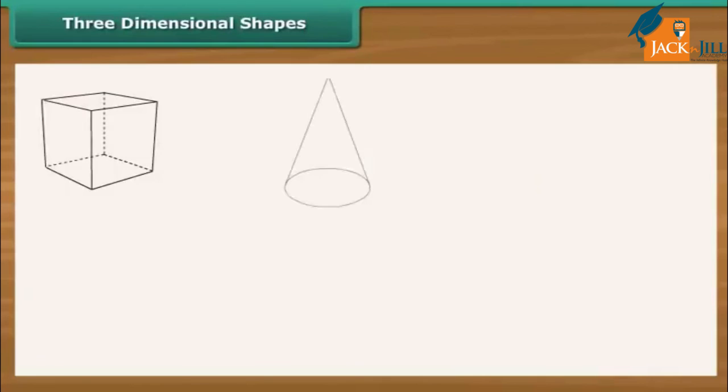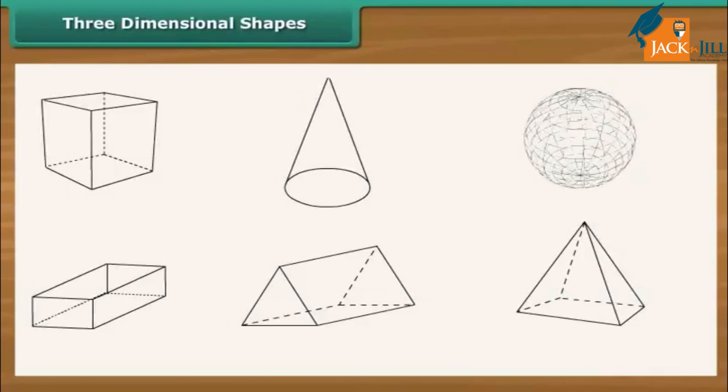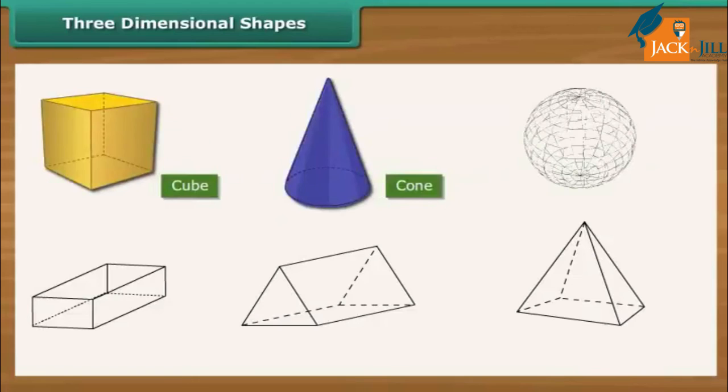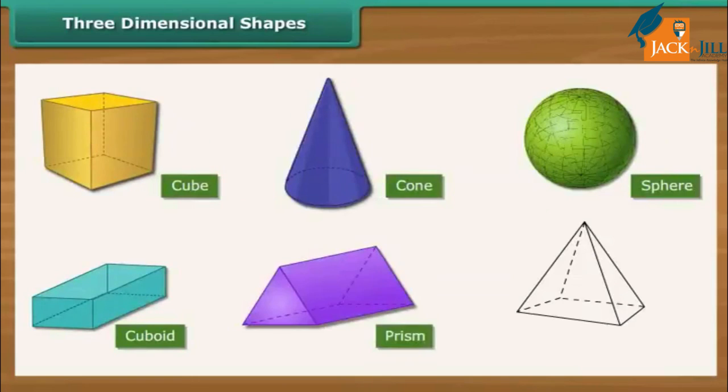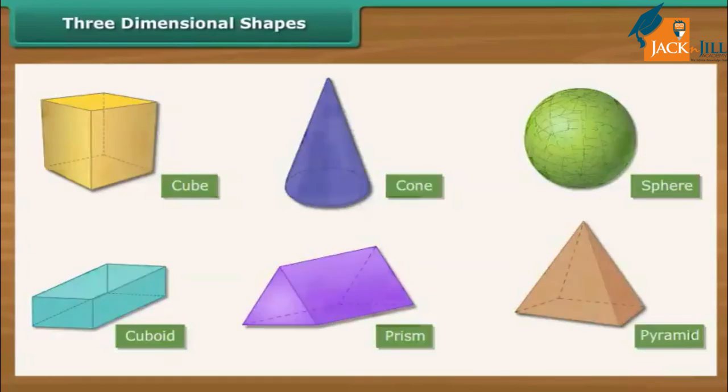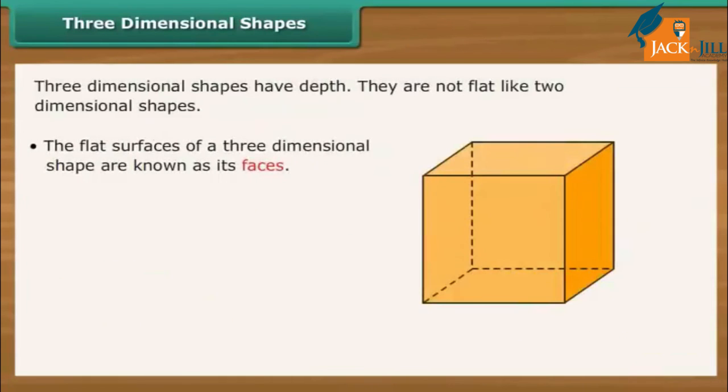Three-dimensional shapes have depth. They are not flat like two-dimensional shapes. Examples of three-dimensional shapes are cube, cone, sphere, cuboid, prism, pyramid, etc. The flat surfaces of a three-dimensional shape are known as its faces.